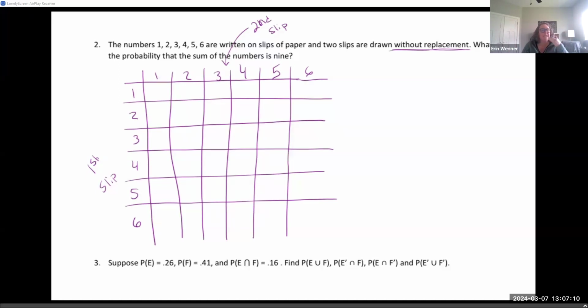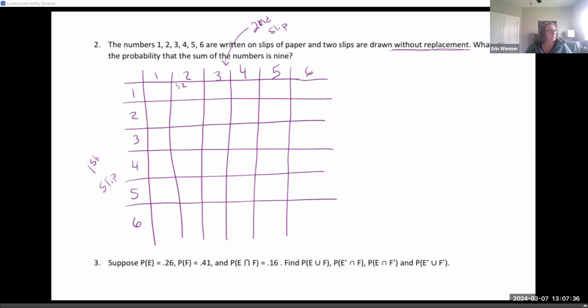If we can't replace it, that means that if on the first slip I draw a 1, I don't put it back in. I am left with only the numbers 2 through 6 to choose from, which means 1 on the first slip and 1 on the second slip isn't possible. So we think about our ordered pairs here.